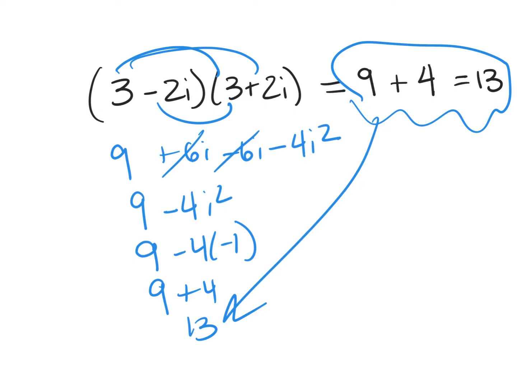Any questions on that? So now we come to division. Division is really just an application of multiplication over again. So here we go. I'm going to divide 2 plus 3i by 4 minus 5i.